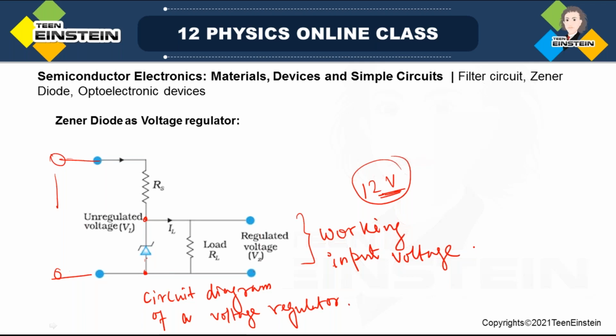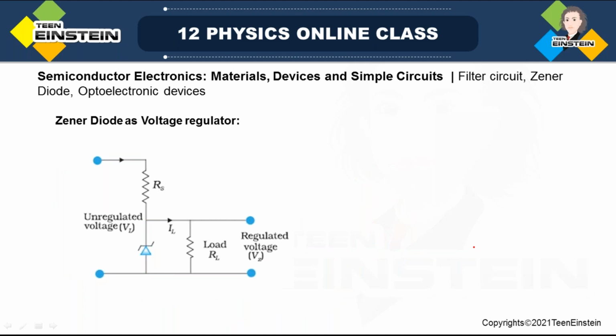Okay, so let us understand what happens. Unregulated supply means what? Suppose your voltage varies from 10 volt to 15 volt.